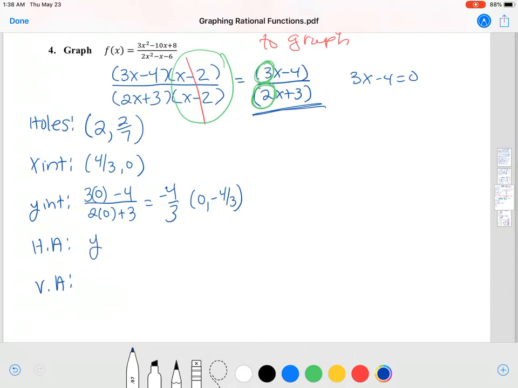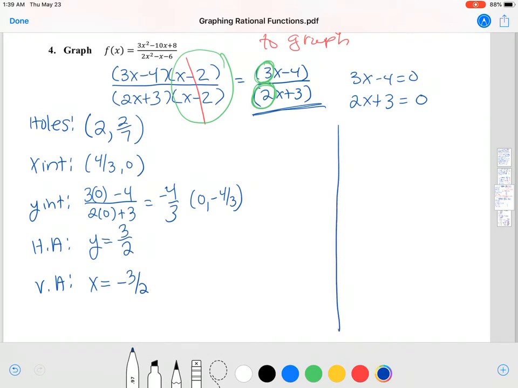So my horizontal asymptote is going to be 3/2. My vertical asymptote is after simplification what makes the denominator 0. So again, if you can't do that in your head, write some scratch work out and solve 2x plus 3 is equal to 0. When you get that, you're going to get x is equal to -3/2.